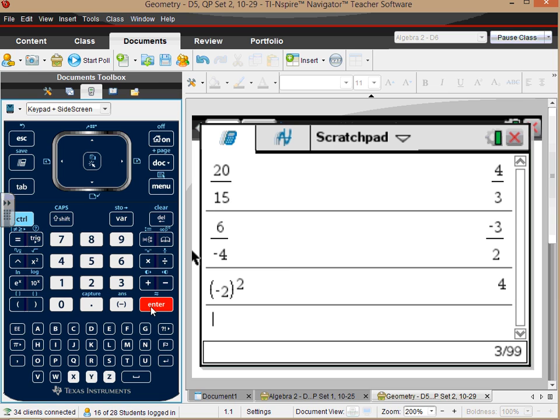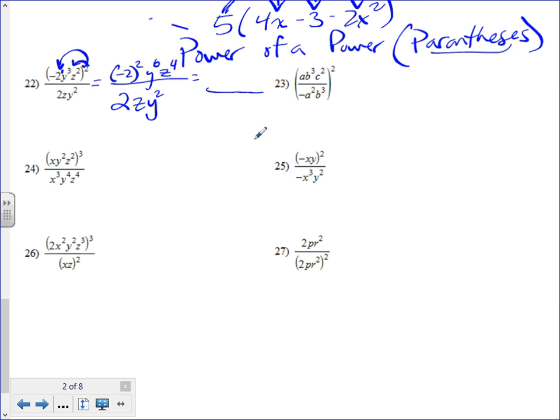So positive 4. So be careful. So 4 over 2. How does that reduce? Take your calculator if you need to. Yeah, it's just 2. So keep it in the numerator and just put 2.